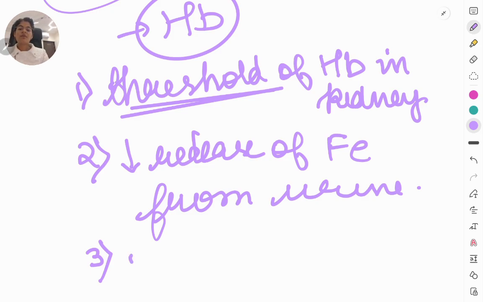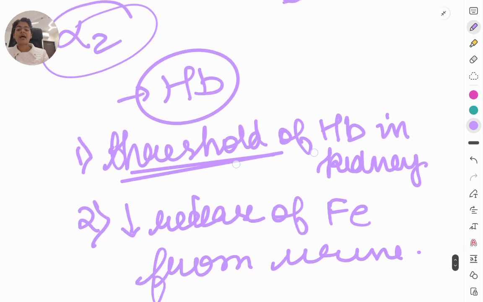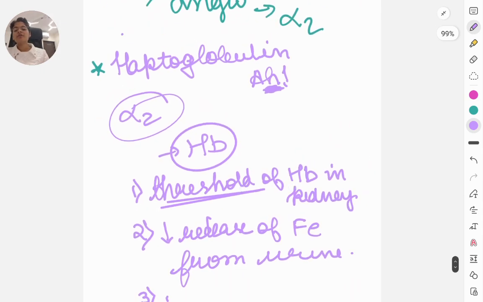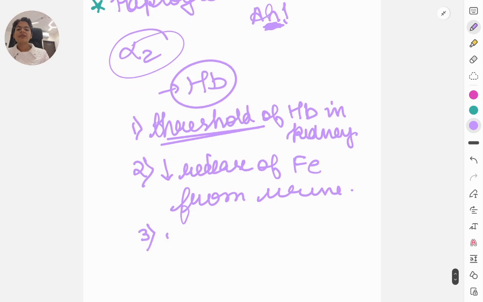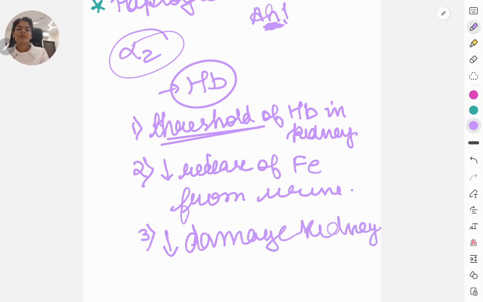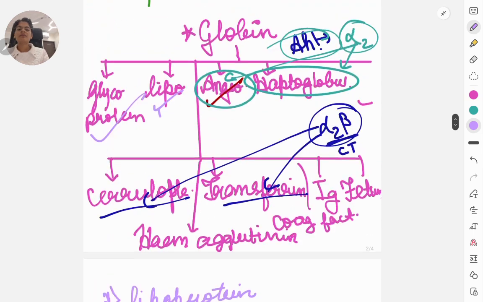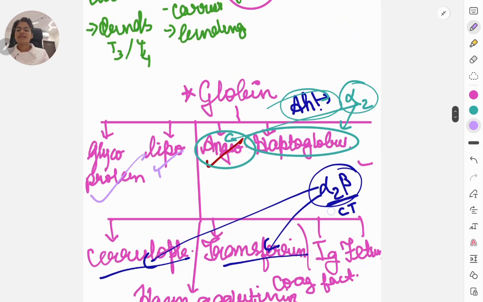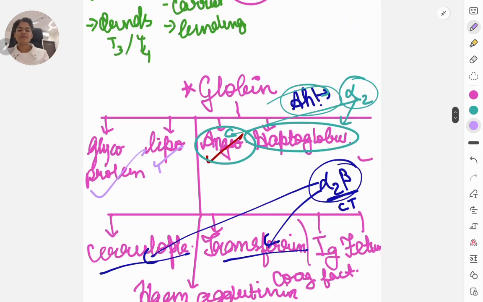If there is free hemoglobin, there would be damage. In the absence of haptoglobin, hemoglobin won't bind with anything, leading to kidney damage. Therefore haptoglobin reduces the damage to the kidney. Now let's see the next one, ceruloplasmin.